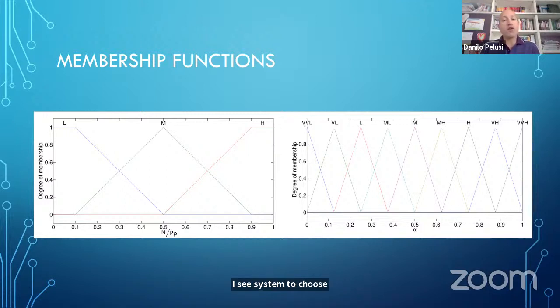In particular, we consider, in this case, triangular and trapezoidal membership functions. And for the output, for alpha, we consider 9 triangular membership functions, because it's very important to have a more precise, more tuned value of alpha.